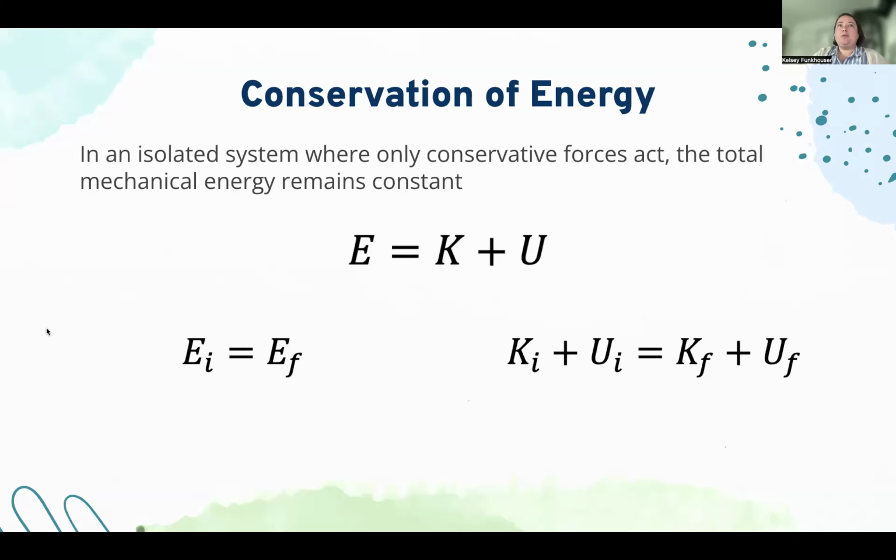We can use this to solve for different variables in different situations, because the initial energy equals the final energy, which means the sum of kinetic and potential initially equals the sum of kinetic and potential in the final situation. As a reminder, this doesn't mean that the potential energy is constant, but that if the potential energy increases, then the kinetic energy must have decreased, or vice versa.